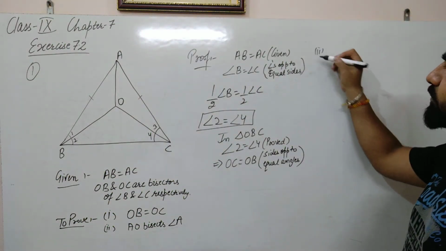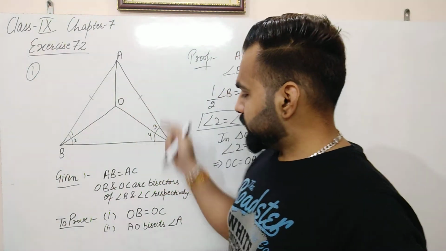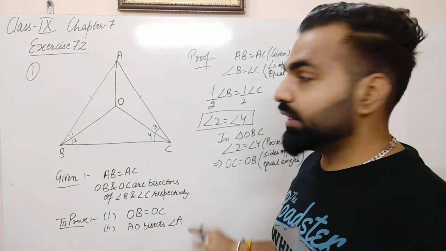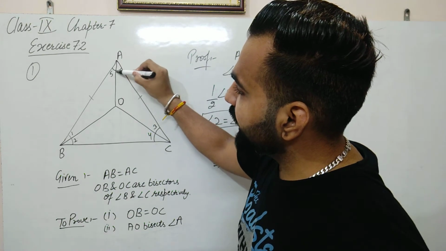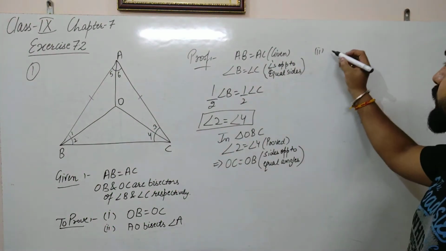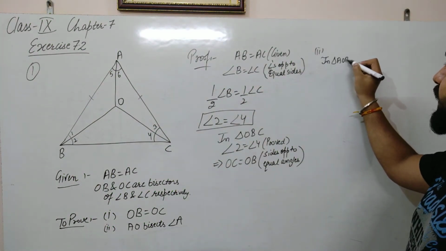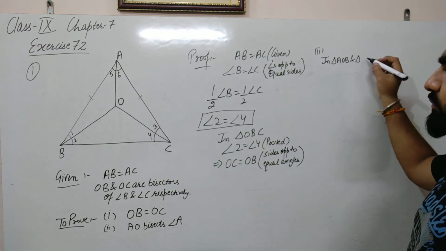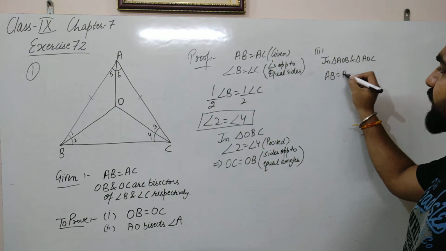Now see the second part here. We have to prove that AO bisects angle A. That means this ray bisects this angle. That means we have to prove that these two angles 5 and 6 are equal. So we will do it by congruency. In triangle AOB and triangle AOC, AB equal to AC, given.